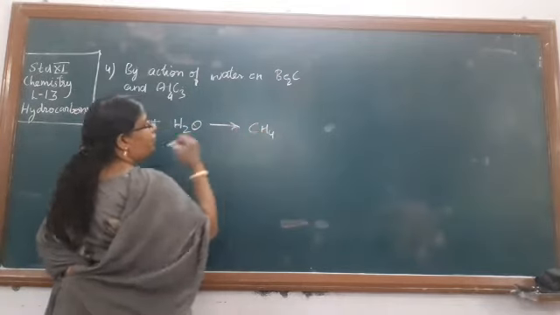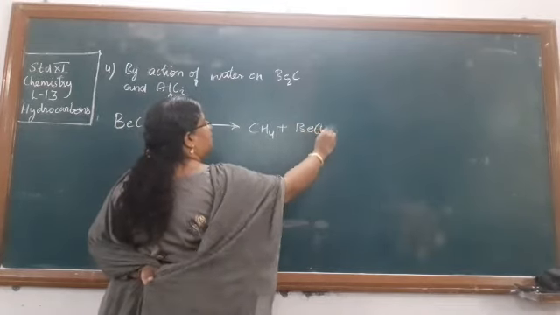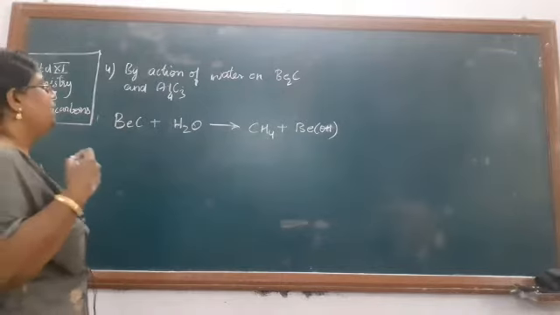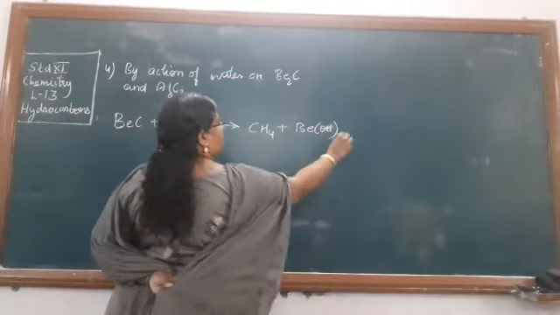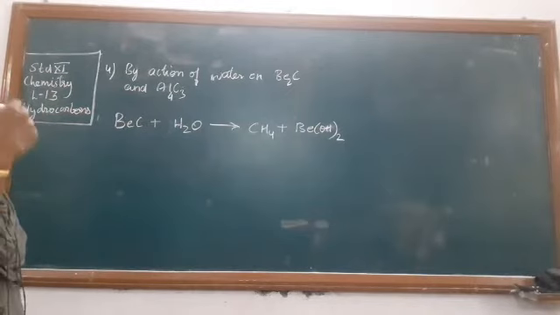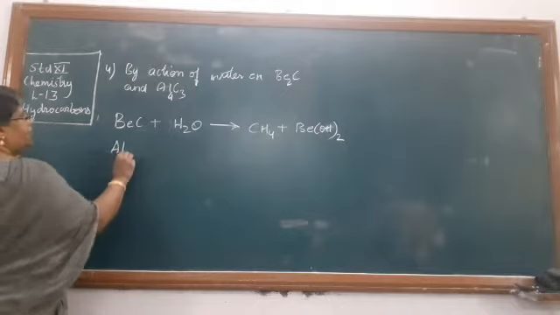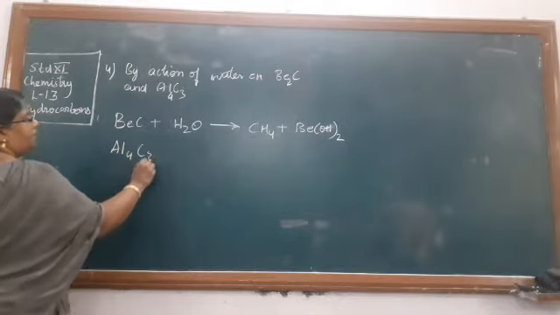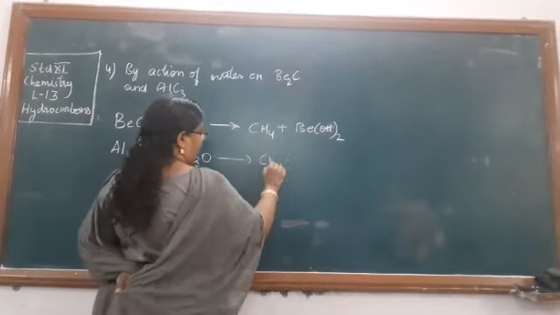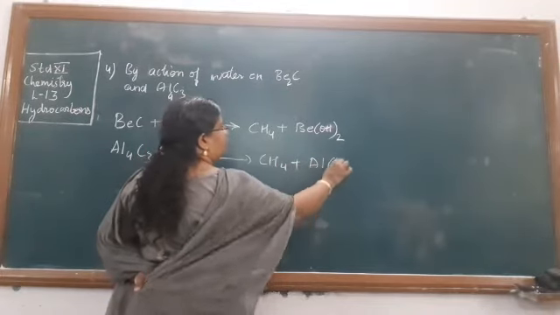Okay, CH4 is obtained along with beryllium hydroxide, Be(OH)2. Be has valency 2. Okay. Similarly, aluminum carbide reacts with water to give you methane again, and aluminum hydroxide is obtained.